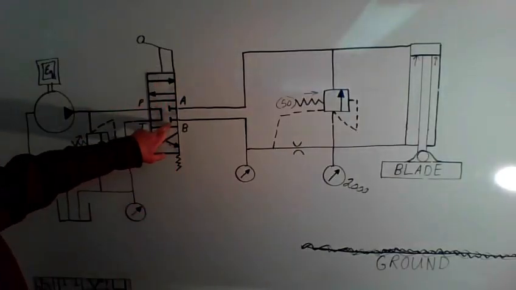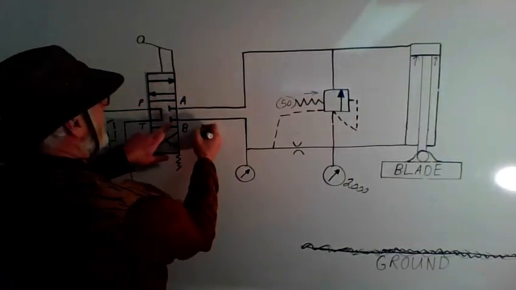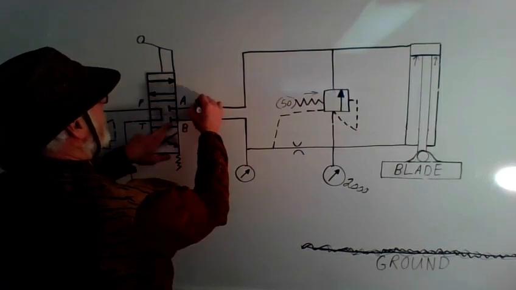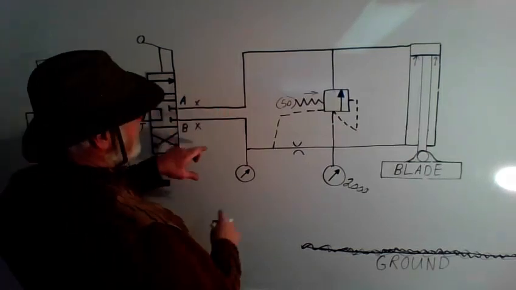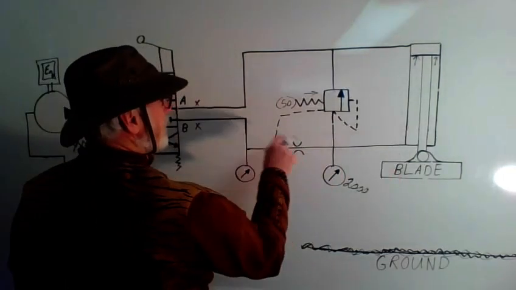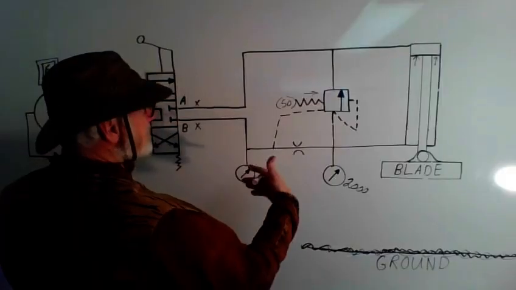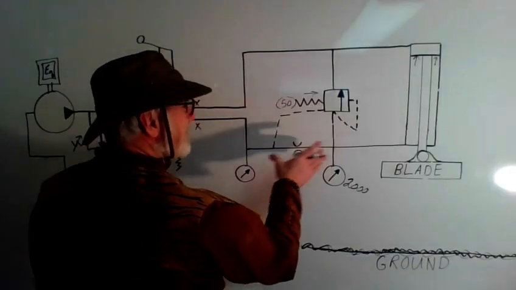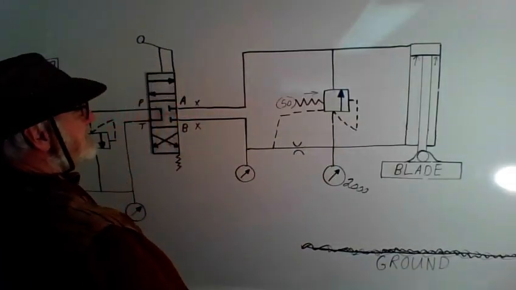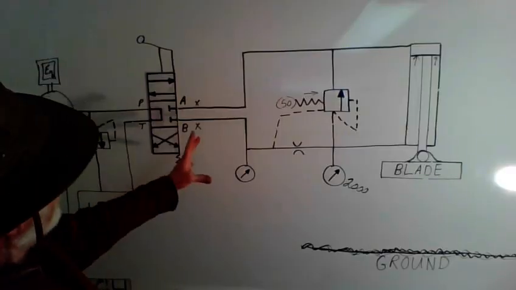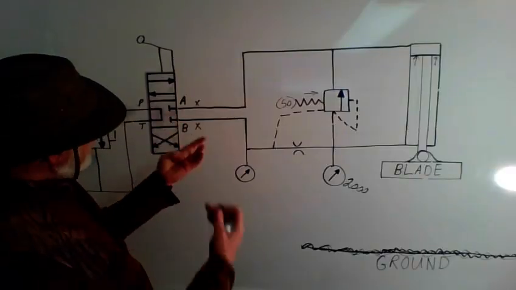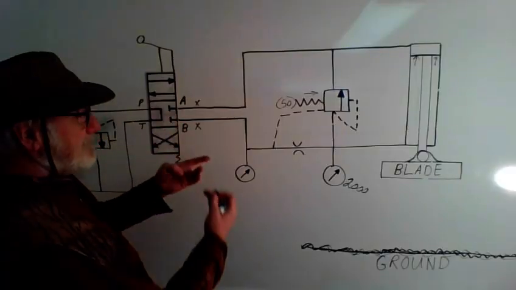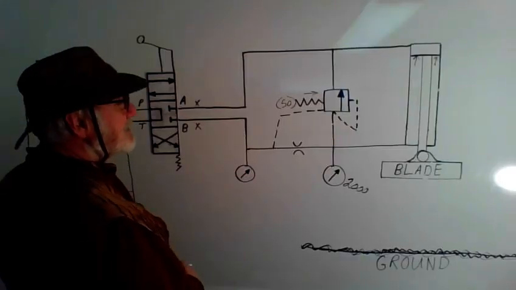So if this is in hold, which means for all practical purposes the oil flow is blocked, then there's no flow across this orifice. As long as there's no flow across the orifice, the pressure will equalize on either side of the orifice. It's like taking a water bottle and squeezing it down when it's half empty, and the pressure will be the same on either side in a confined space.